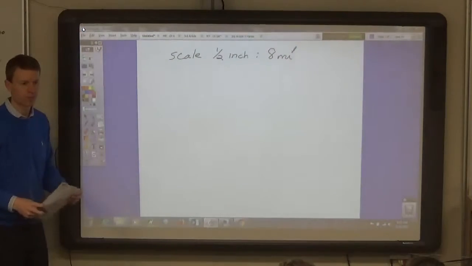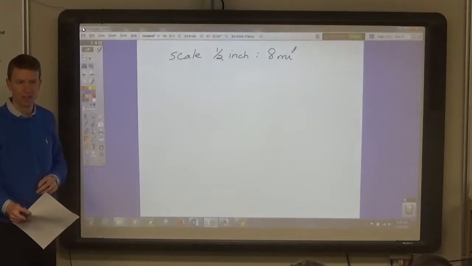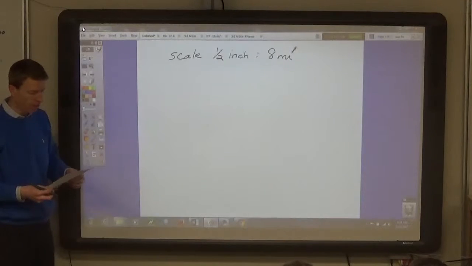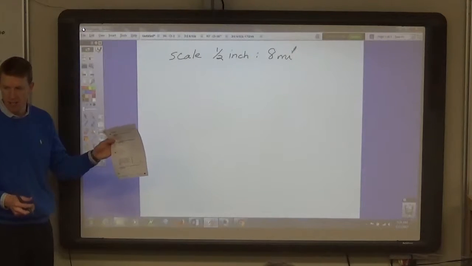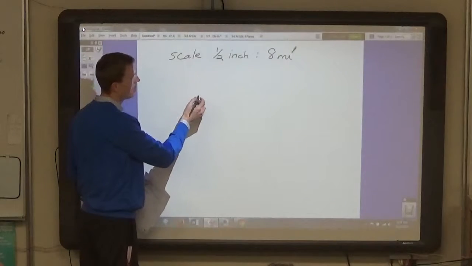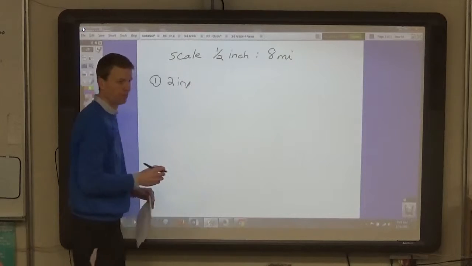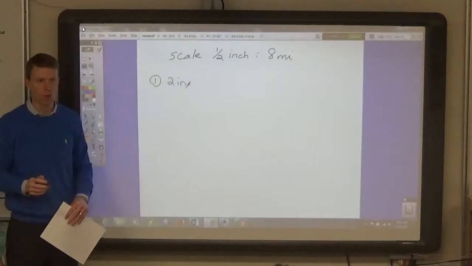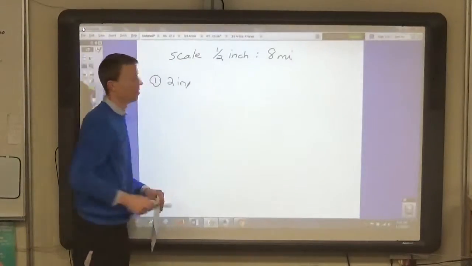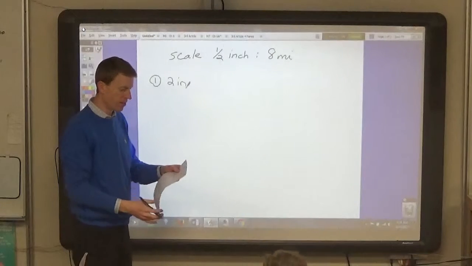Okay? 1/2 inch to 8 miles. Now, it says find the actual distance for each of the given distances listed. So number 1 lists a distance of 2 inches. So we need to write a proportion using this ratio to find the actual distance.